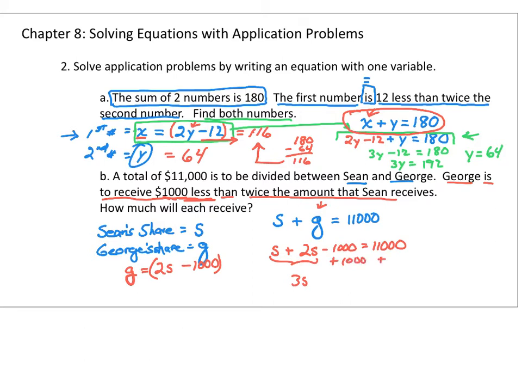I'm going to go ahead and do that here, save myself a little bit of room. So 3S equals 11,000 plus 1,000, which would be 12,000. And divide by 3 to get S equals 4,000. So Sean is supposed to get $4,000.